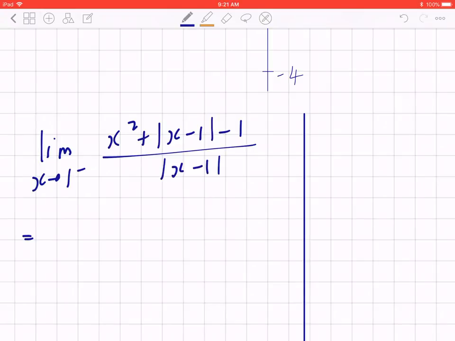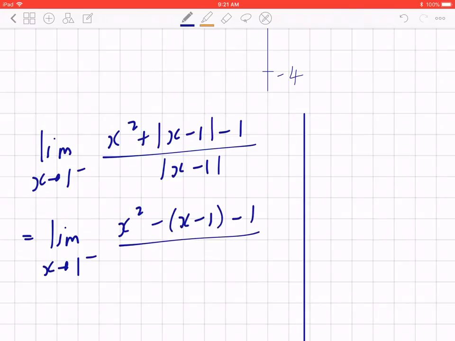Because I'm taking the left-sided limit, I have to rewrite this with a negative at the front. So I no longer write x squared plus x minus 1. It's going to be x squared minus (x minus 1) all over negative, in brackets, x minus 1.